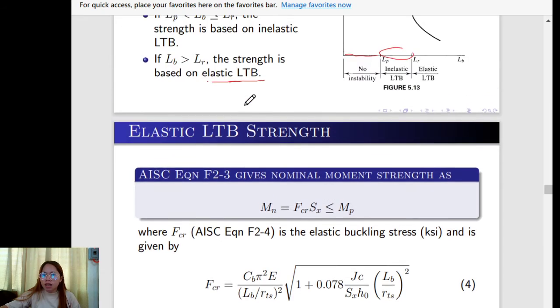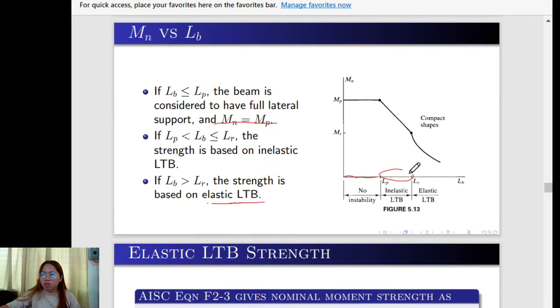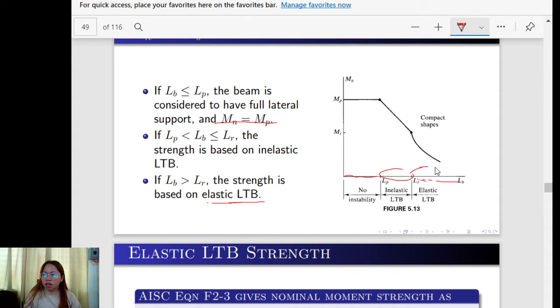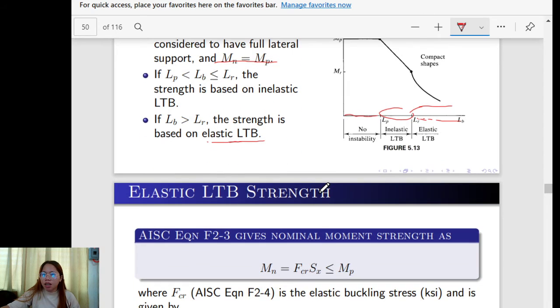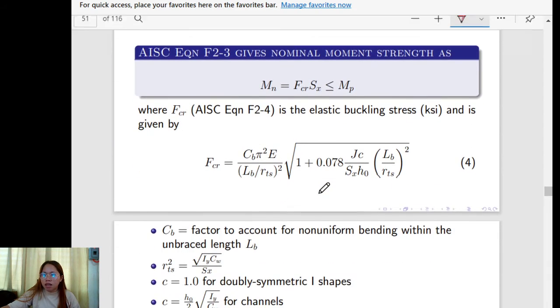For the elastic lateral torsional buckling strength, this portion is elastic, meaning it did not reach its yield strength.